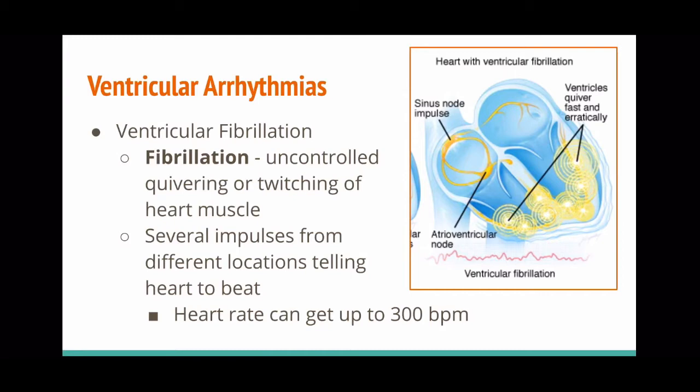So instead of having one misplaced beat from your ventricles, you're going to have several impulses that begin at the same time from different locations, all telling the heart to beat. So the result is a much faster, more chaotic heartbeat that sometimes can reach about 300 beats per minute, which is insane. And so this chaotic heartbeat means that very little blood is actually being pumped from the heart to the brain and the body, resulting usually in fainting.